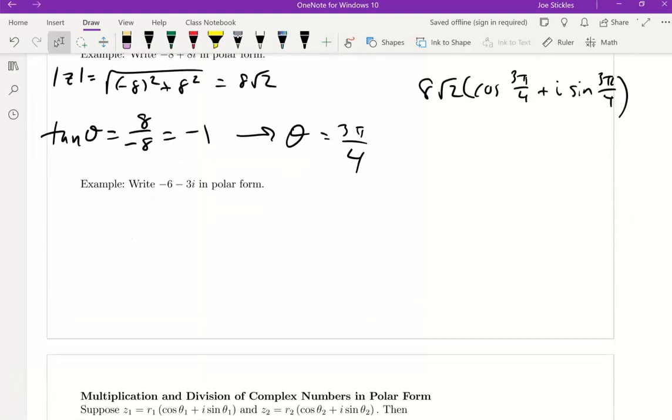The last one you would do the same way. Notice that when you try to figure out your tangent value, you're going to get tangent of theta equals a half. So you'll do negative 3 over negative 6. So you'll have to use your calculator to approximate the theta. And make sure you're in the right quadrant, by the way. This is negative and this is negative. What quadrant are you looking in? 3, right?